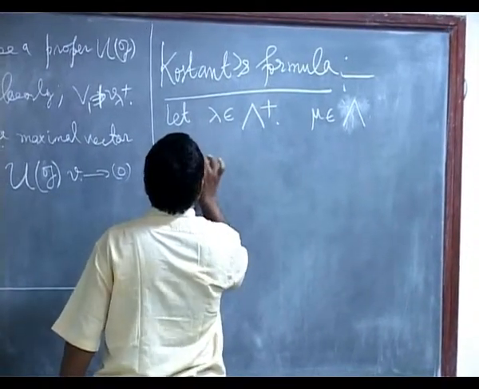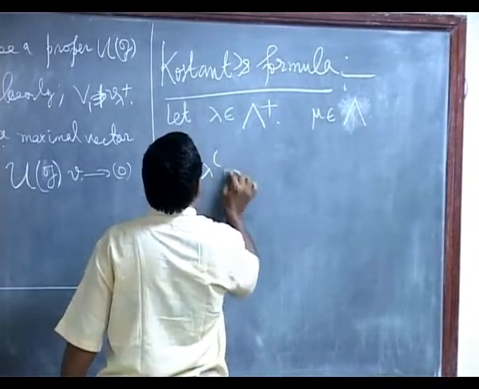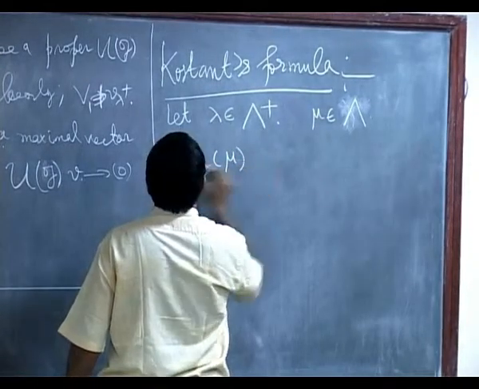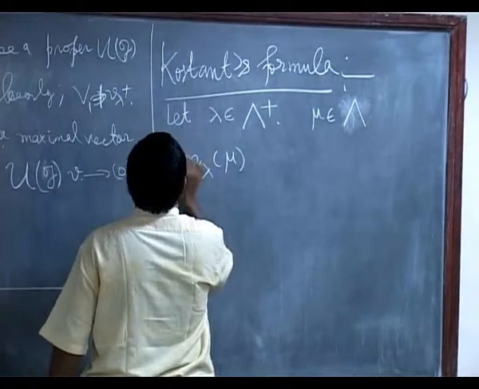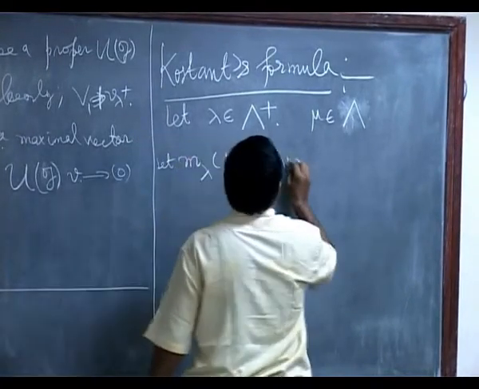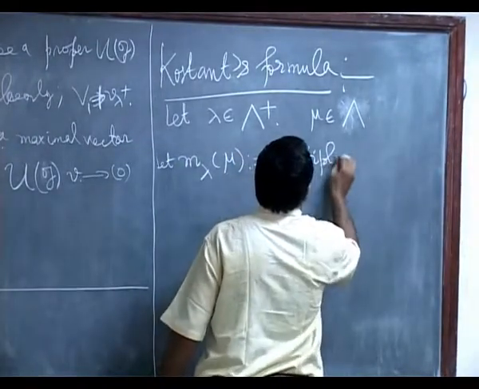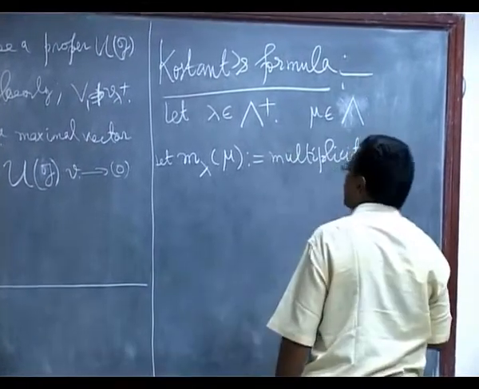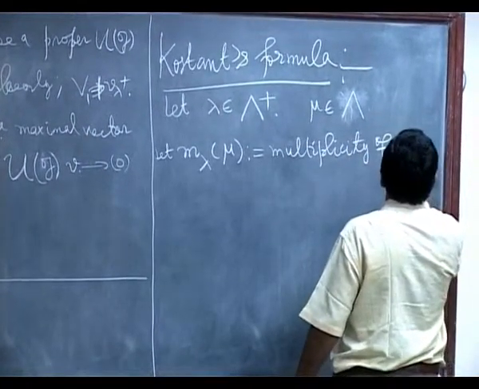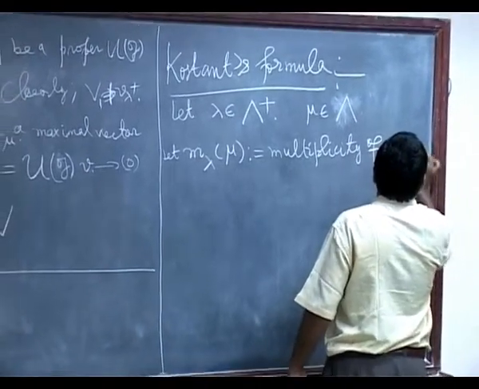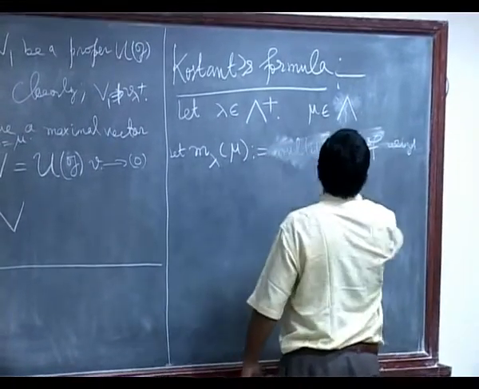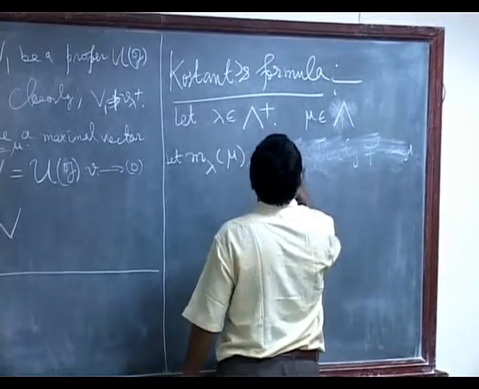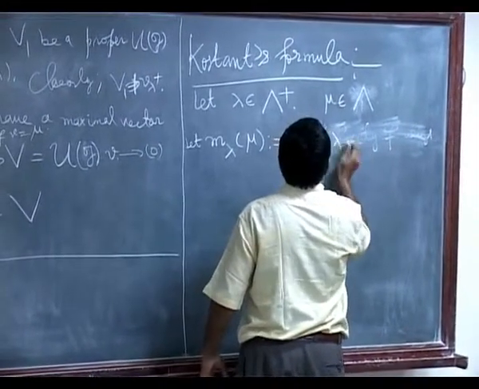Then the multiplicity. So this means the multiplicity, the notation that denotes the multiplicity of the weight, or in other words, if we use this notation, it is much simpler. V lambda, the dimension of V lambda sub mu.